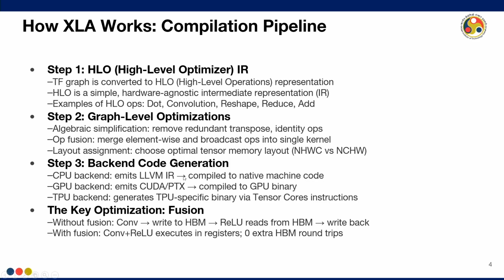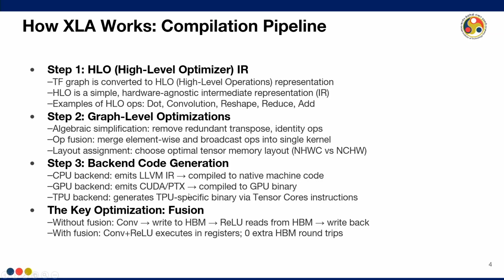In step 3, in the back end, the code generation happens. As I said, for the CPU it emits LLVM-IR, because CPU compilation will be using the LLVM-IR, which will then compile to the native code of the target processor, be it x86 or ARM, and it will emit CUDA if I have a GPU target, and for the TPU it generates a TPU specific binary via tensor core instructions, and that way it supports all these different targets for your backend code generation.